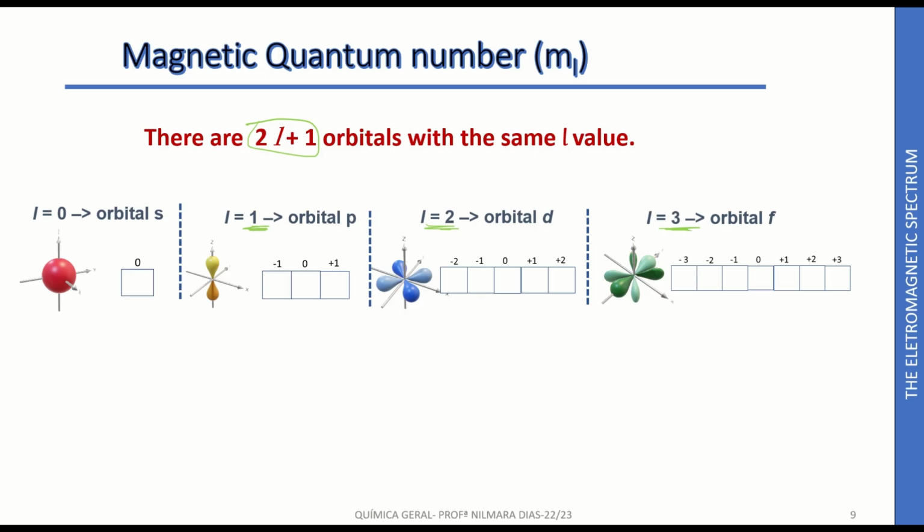Sometimes you have the dumbbells in the X position, or Y or Z, so the regions are different. So we have 7 different orbitals that we can find in the F orbital, okay, and electrons. So 0 will always be there, so don't forget the zeros, okay?